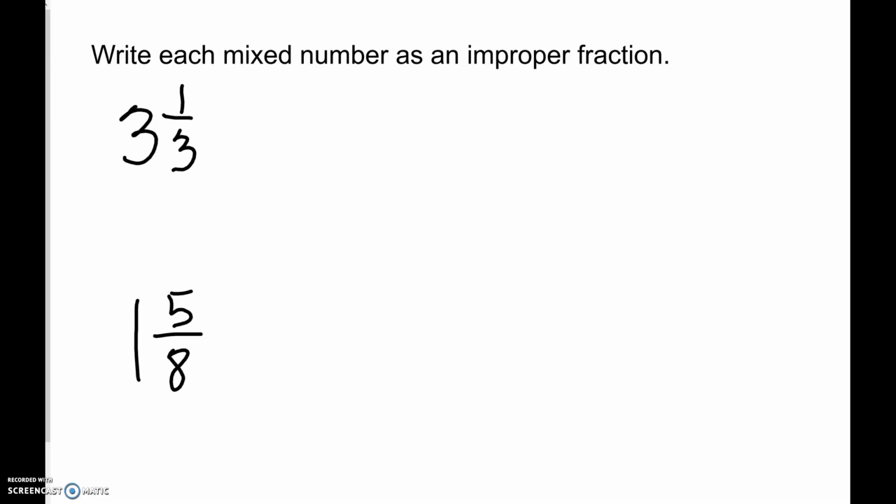And the last thing that we're going to talk about right now is writing each fraction. So this is an improper fraction, and we're going to write it as a mixed number. Okay, so we are going to write this mixed number here as an improper fraction. To do that, we take the bottom number 3 times 3. And then if you recall, we add the numerator, which is 1.